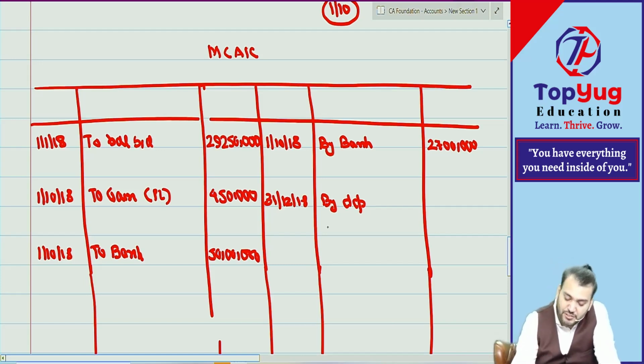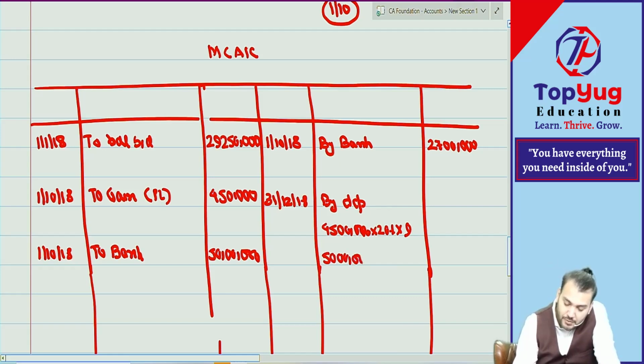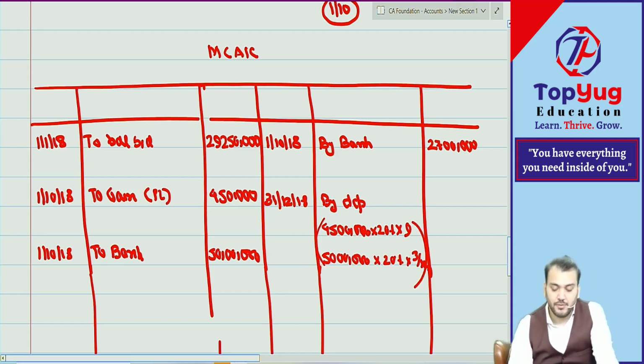So depreciation will be 45 lakh into 20% into 9 for the entire year, and 50 lakh into 20% for how many months? October, November, December. So it will be 3/12. What will be the depreciation amount? Have you understood this point?